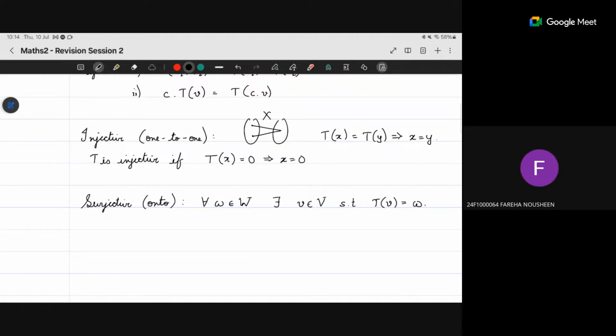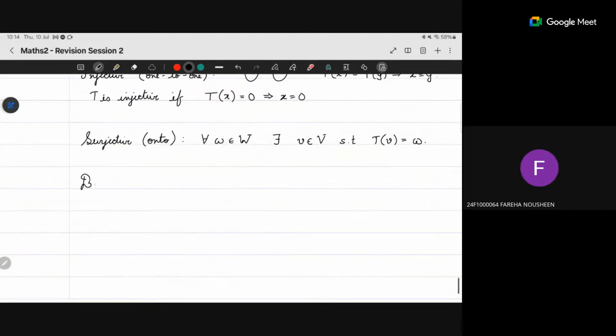And injective means that it has at most one pre-image. So in other words, when you have injective and surjective, which is called bijective, in the case of linear transformations, it's called a linear isomorphism. Every element has a pre-image and exactly one.